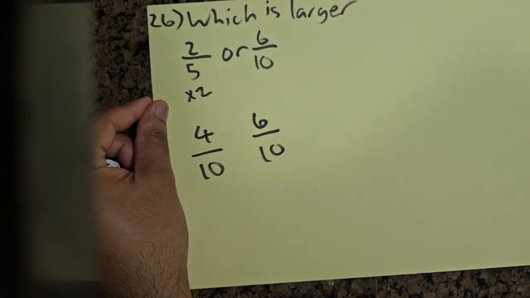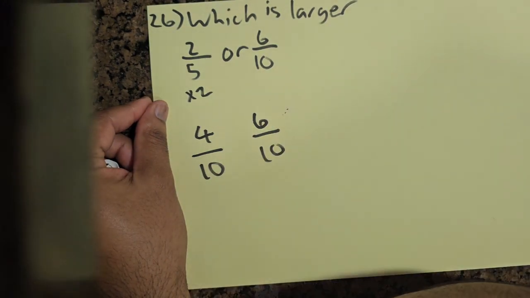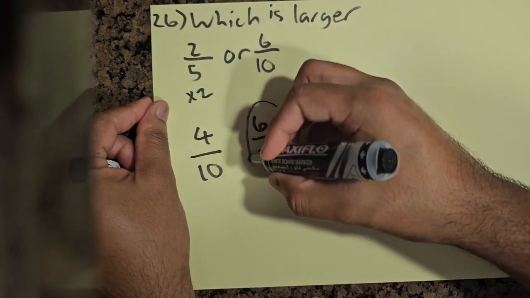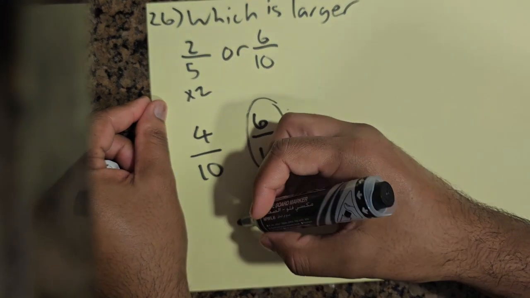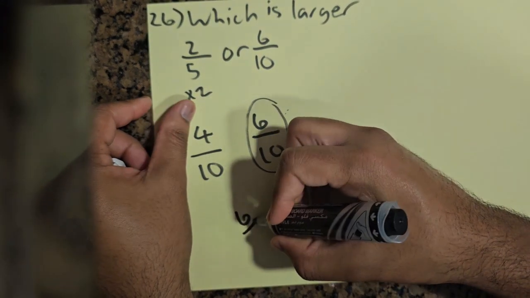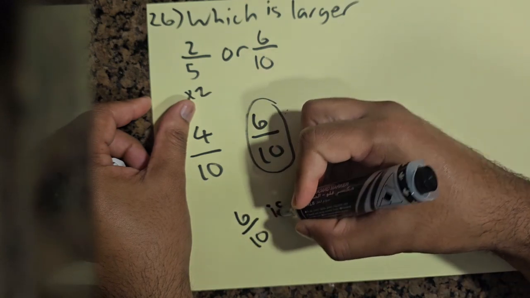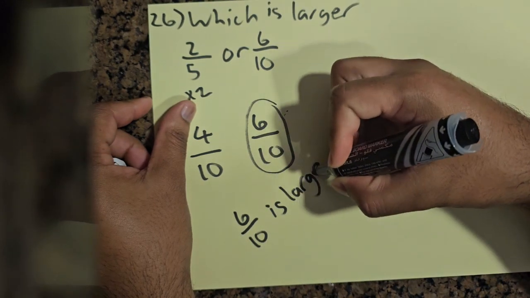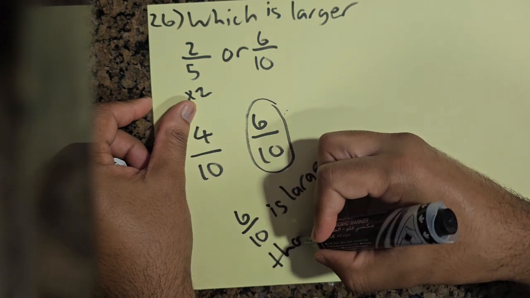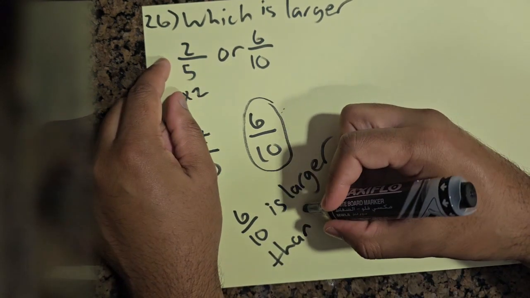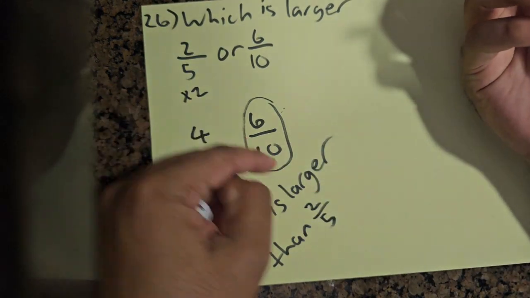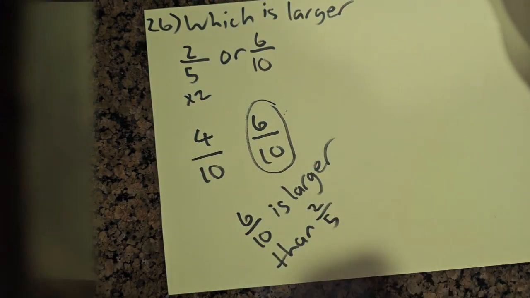And then we can easily see that the numerator on the right hand side is bigger. So that means the bigger fraction is 6 over 10. So 6 over 10 is larger than 2 over 5, because 2 over 5 is the same as 4 over 10.